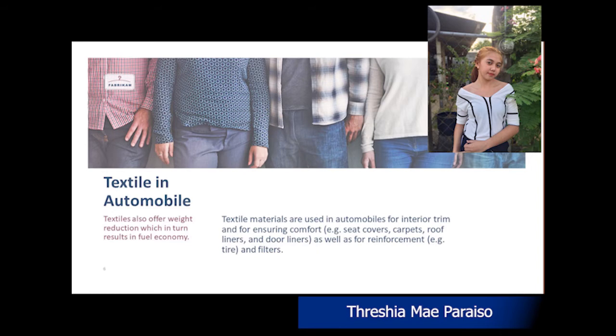For example, airbags, designated as supplemental restraint systems or supplemental inflatable restraints in cars, are made with textile materials and help protect the car occupants from injuries when an accident happens. In modern days, there are different shapes of airbags made with advancements in capacity and usage. Seat belts are also one of its products.